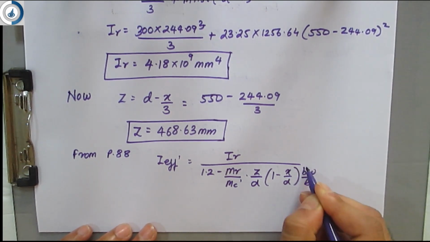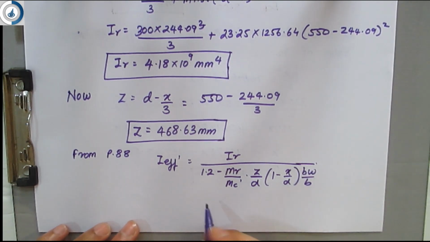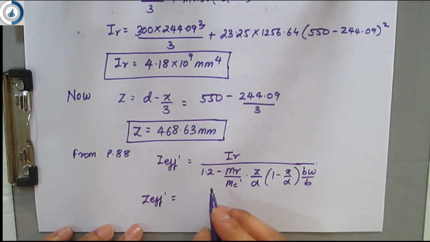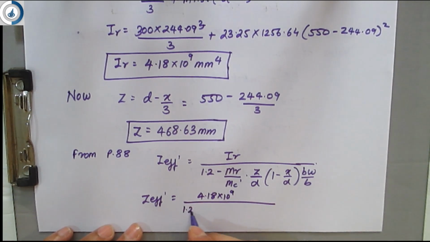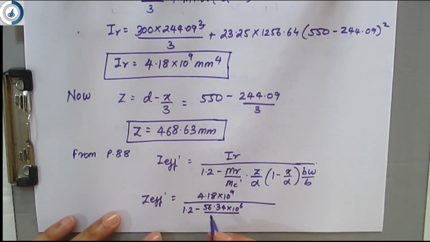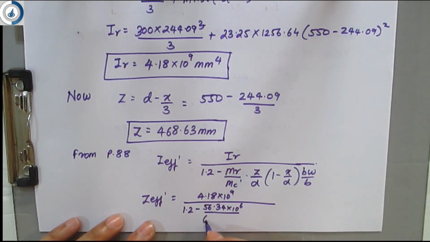BW by B. So we can substitute I effective dash equal to IR. Just now we have got 4.18 into 10 raised to 9 divided by 1.2 minus MR. So that cracking moment remains the same, 56.34 into 10 raised to 6, divided by MC dash. Under permanent loads, under this 50% condition, it was 62.5 into 10 raised to 6.